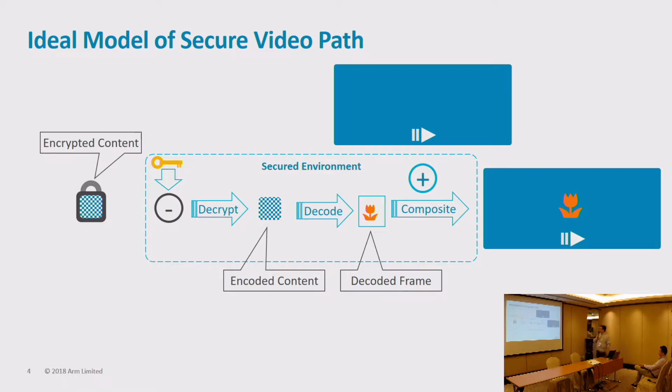The ideal model for a secure path is to put everything in a secured environment. We put the key, decryption, decoding, and composition in the secure environment, and finally display to the display device.